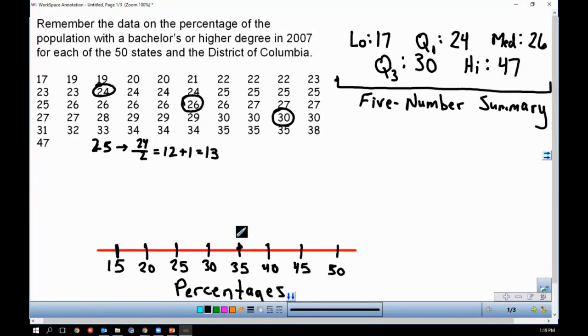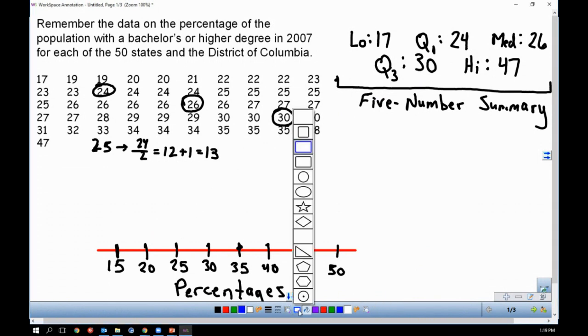Okay, so let's make our box. For our box, we go from Q1 to Q3. So I'm going to start, see if I can actually draw a rectangle here.